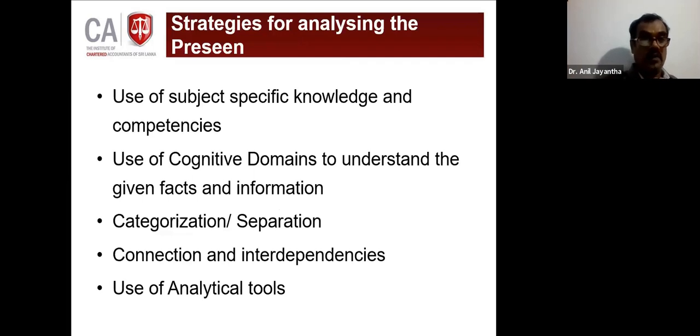Now we are moving towards the latter part of analysis. So still we were dealing with the preparedness, in a way background, and how we understand both preseen and unseen. Right?